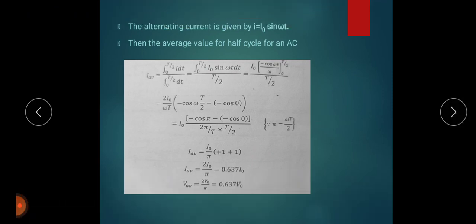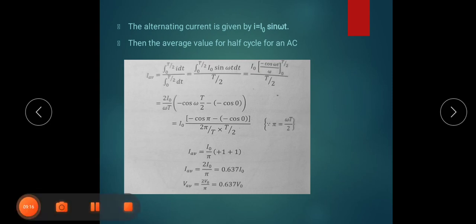Here the average value of the current is equal to 0.637 into I naught.